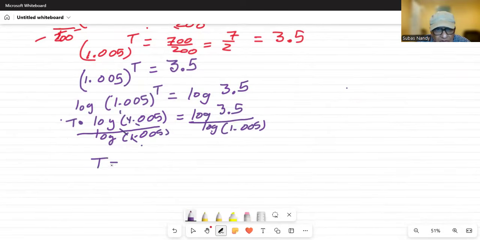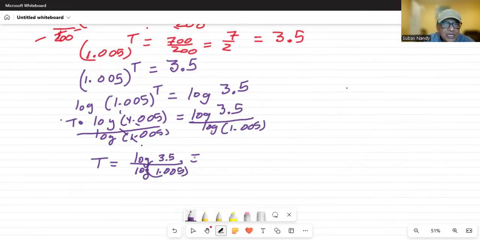So t is now equal to the logarithm of 3.5 divided by the logarithm of 1.005. Now you have to use your calculator to find these logarithms.